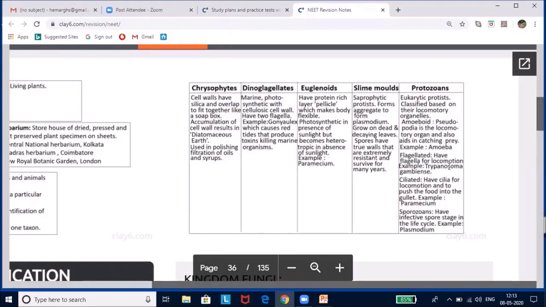Now, flagellated protozoans have flagella for locomotion. Example, Trypanosoma gambiense. This is important because it causes African sleeping sickness. Ciliated protozoans have cilia for locomotion and also to push the food into the gullet. Example, Paramecium. Sporozoans have an infective spore stage in the life cycle.